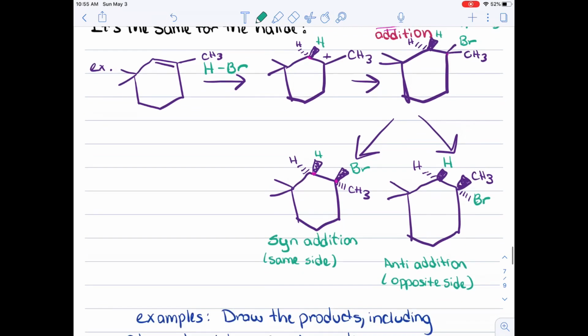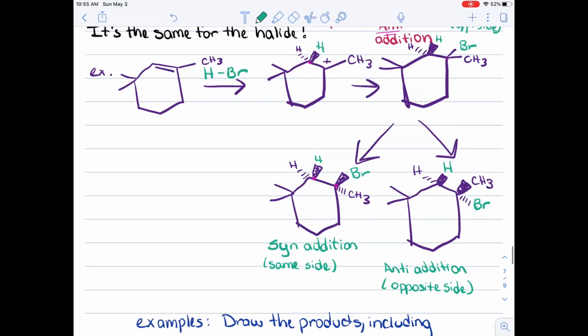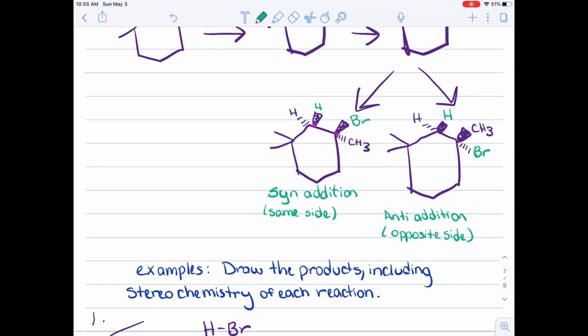Let's look at another example. Let's say that you're reacting this with hydrogen bromide. Your hydrogen does a front side attack, and then your bromine comes in. You can have 2 enantiomers.